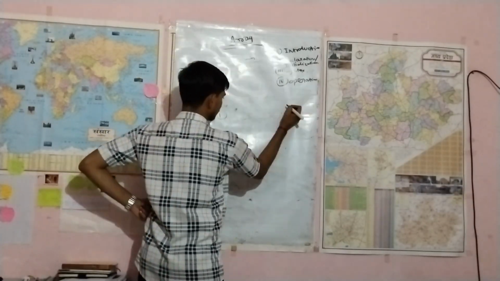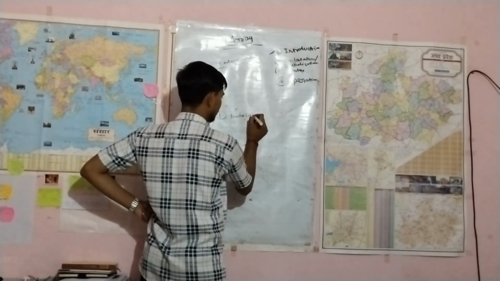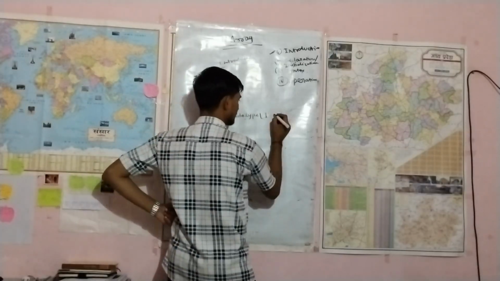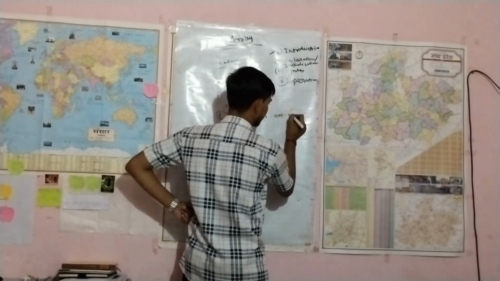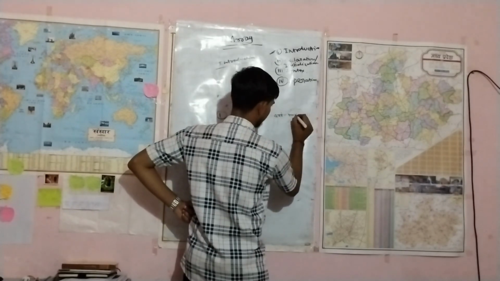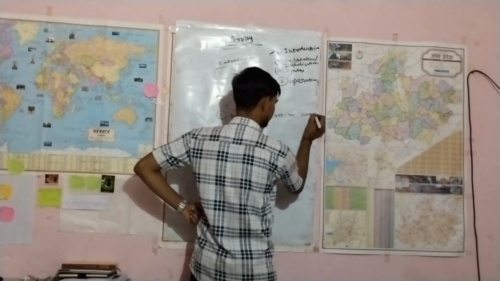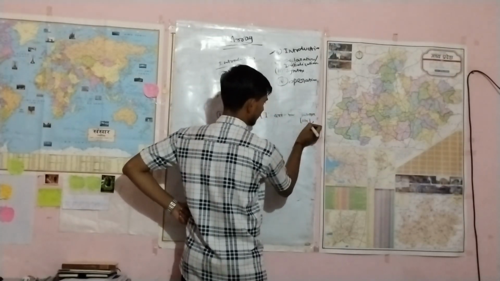You simply use the data type, then this bracket, then the array name, arr, and here new, and the data type again, and here you can put the size of the array.